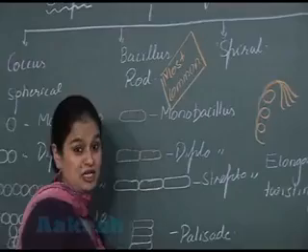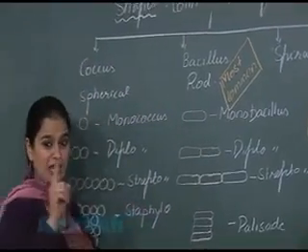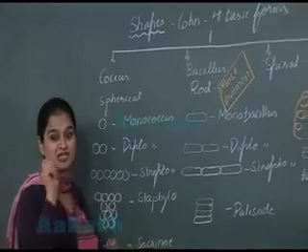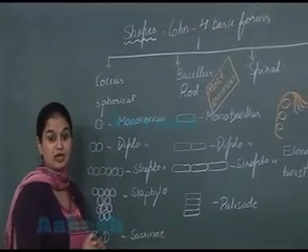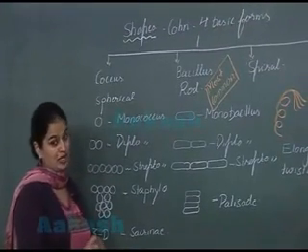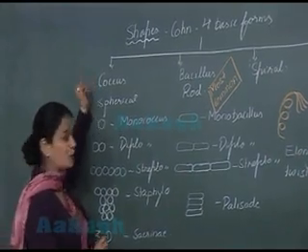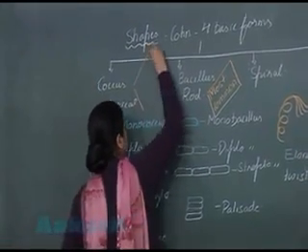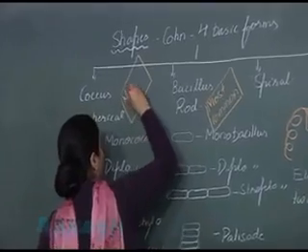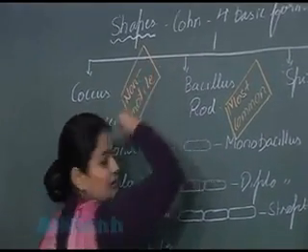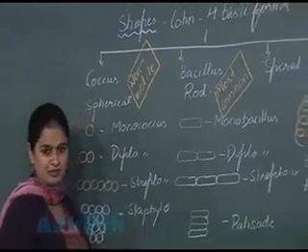Among all the shapes written here, there is one bacterium which never has flagella. They are non-flagellated, non-motile, and this condition is associated with coccus. Always non-motile; the flagella is absent.